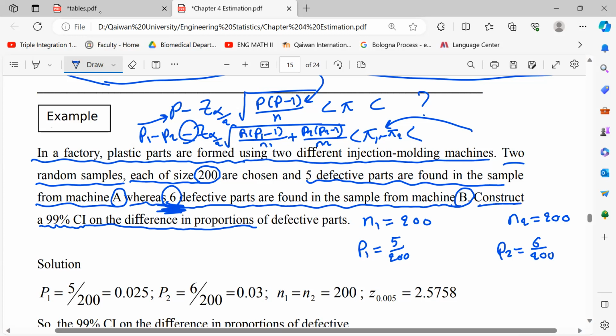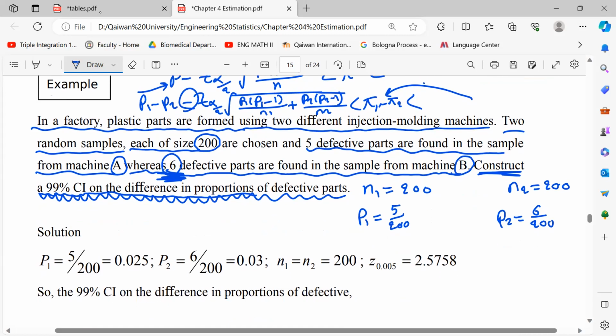Then it says construct a 99% confidence interval on the difference in proportions of defective parts. So it is the rule of the difference of two proportions. Now let's find alpha.